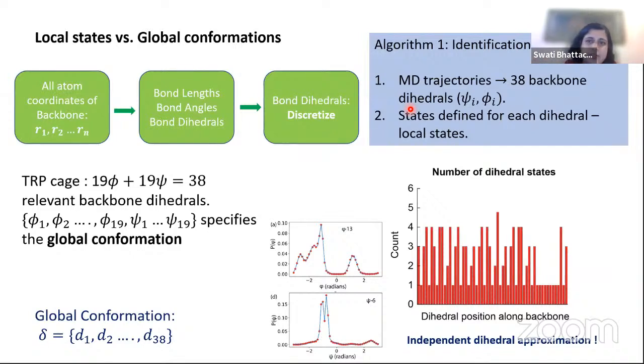But in case there's somebody in the audience who does not work with biomolecules, let me put this a little bit more systematically. We need coordinates of all atoms in the backbone to reconstruct a structure, but instead of that, I can also work with a list of bond lengths, bond angles, and bond dihedrals, which is how we define the internal coordinates.